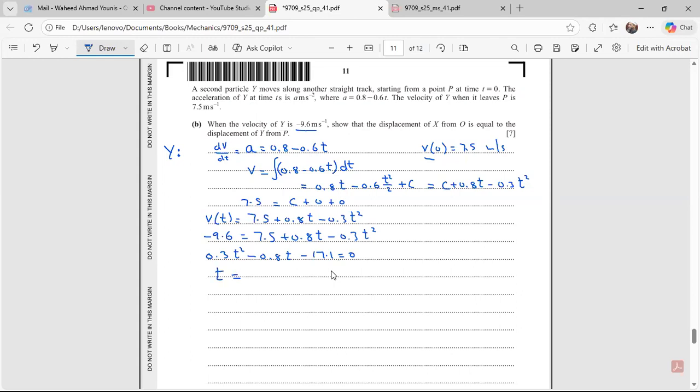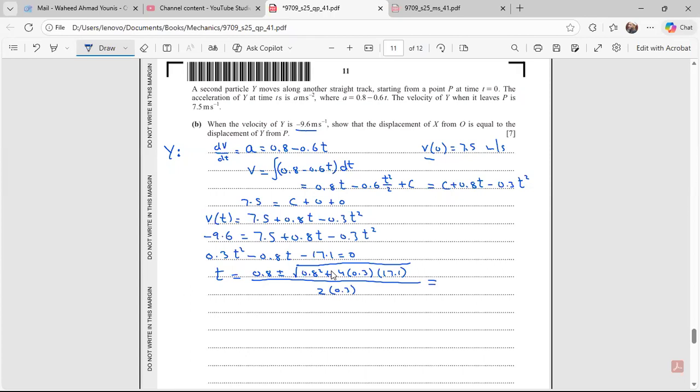So t is equal to minus b plus minus under the root b square, so 0.8 square minus 4a, and c is negative, so it becomes plus 17.1, divided by 2a, which is 0.3.